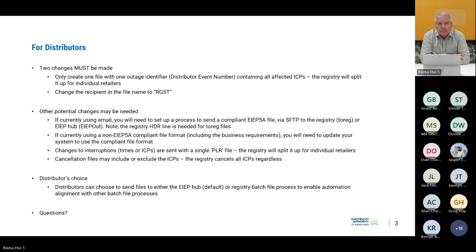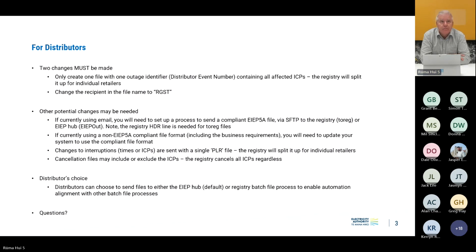The main choice you have is the way you send it to the registry. Many of you will already be sending batch files to the registry for your normal distributor updates. So you can use that process, and if you do, you need to use the registry batch file header in the file itself, or you can continue to use the EIEP hub and put that in your EIEP out folder, and the registry will pick it up from there.